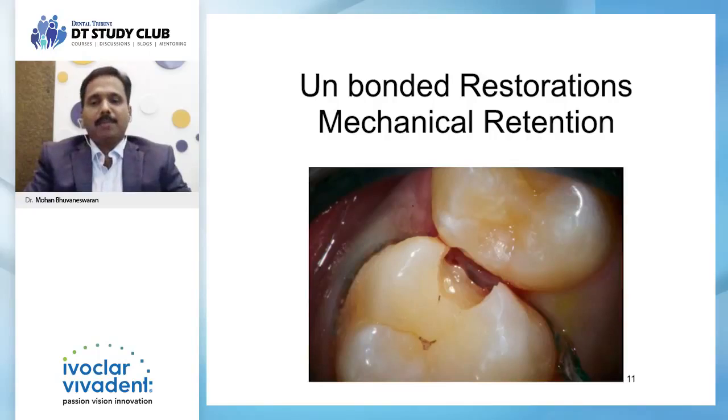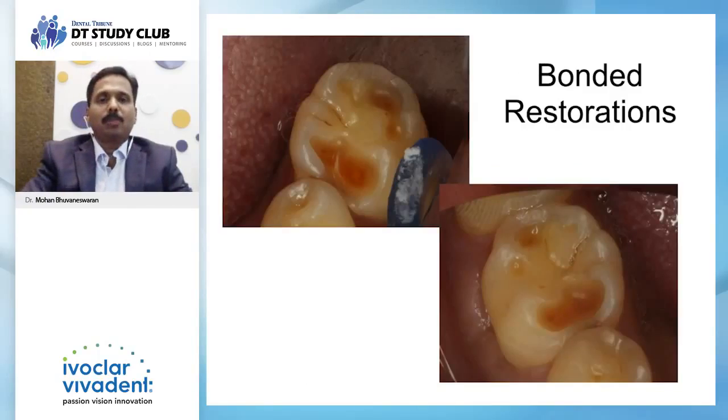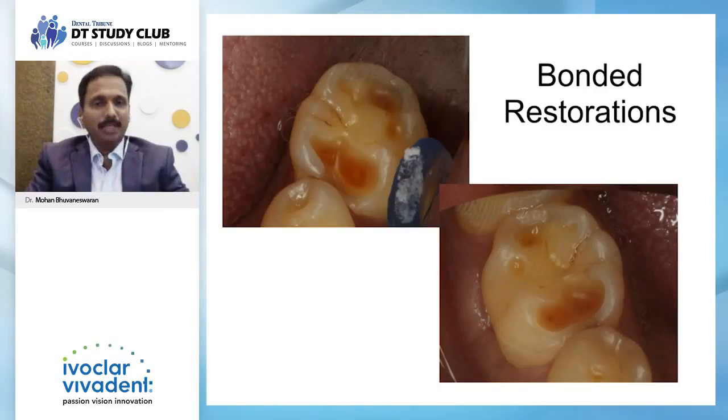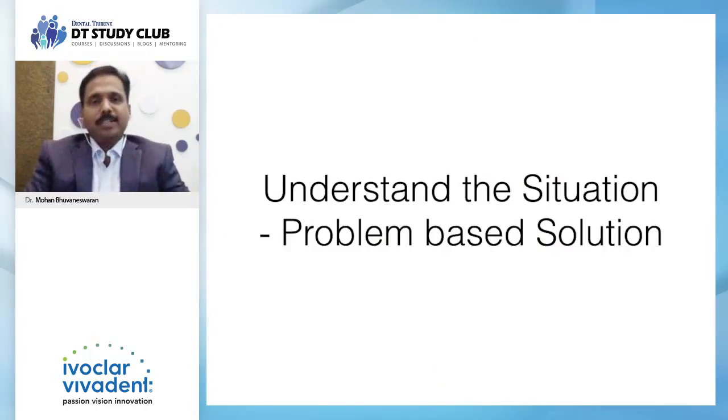Then came a major revolution with bonded dentistry, called the modern era of dentistry. There was a huge advantage that you could bond the restorative materials to the tooth structure and it would serve for long. So adhesive dentistry is a boon for us in the restorative world. But a lot of questions revolve around it, because our dentistry has to be problem-based dentistry.